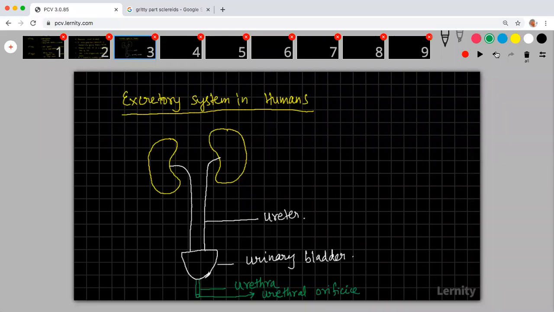I'm sorry. Yeah. And then you will have one which will be coming out from the kidney. We call it as renal vein. And the one which is getting into the kidney, we call it as renal artery.